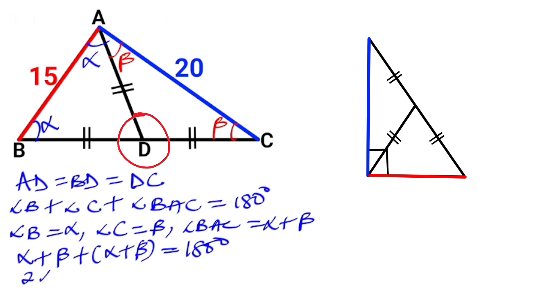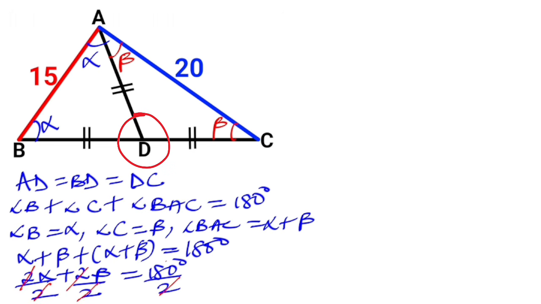Adding them all together gives 2 times alpha plus 2 times beta, which sums to 180 degrees. Dividing the whole equation by 2, 2 will cancel out 2. And 180 divided by 2 is 90.